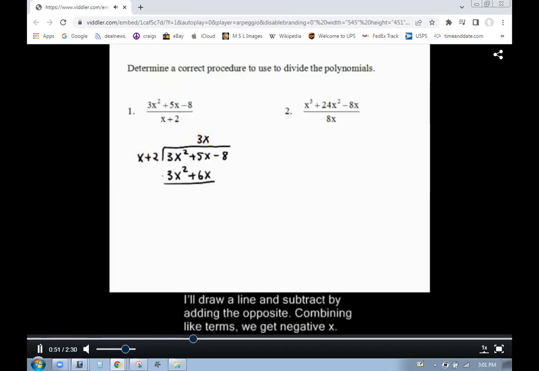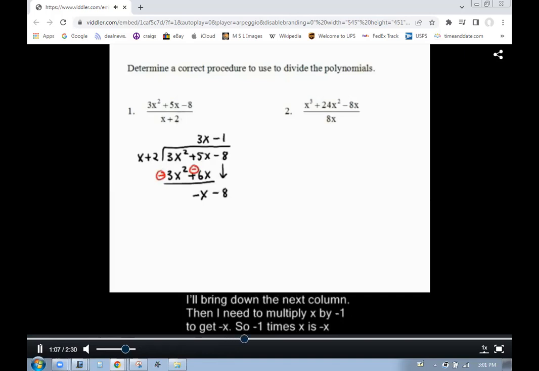I'll draw a line and subtract by adding the opposite. Combining like terms, we get negative x. I'll bring down the next column, and I need to multiply x by negative 1 to get negative x. So negative 1 times x is negative x, and negative 1 times 2 is negative 2.